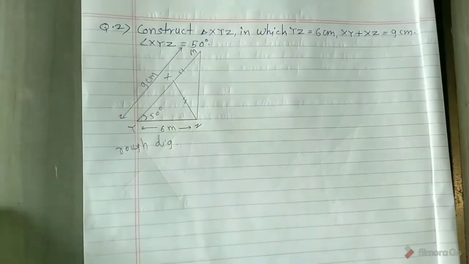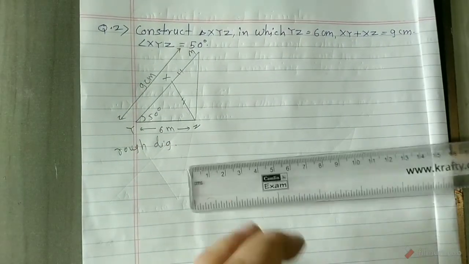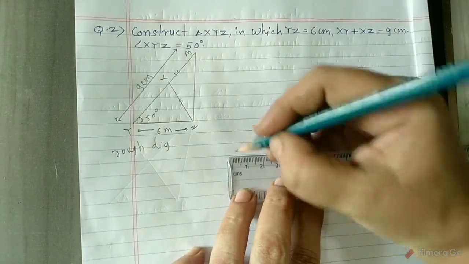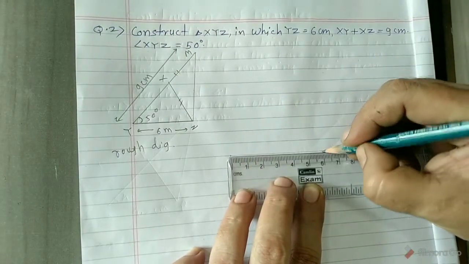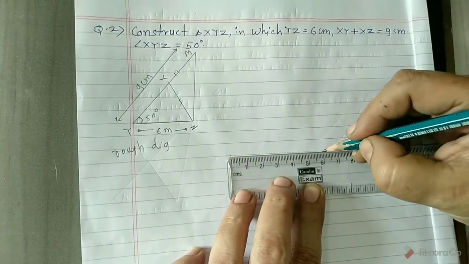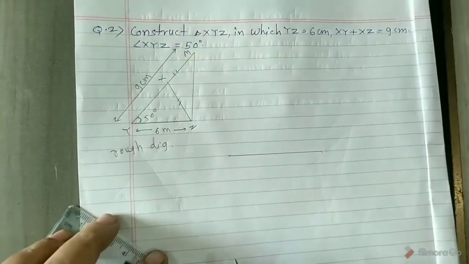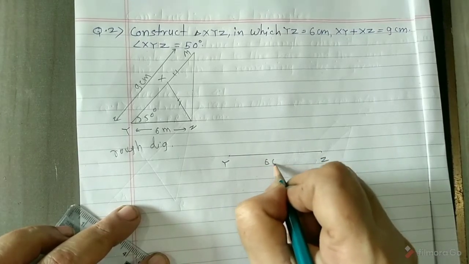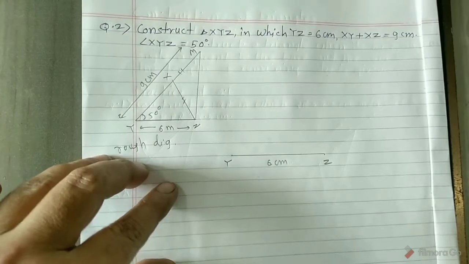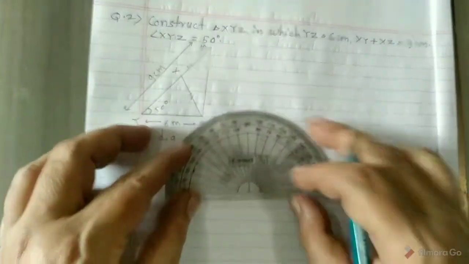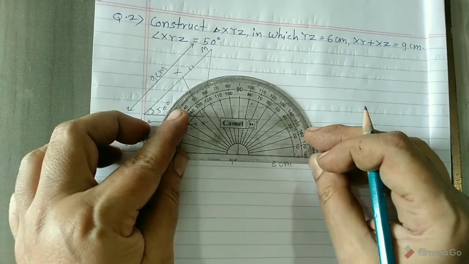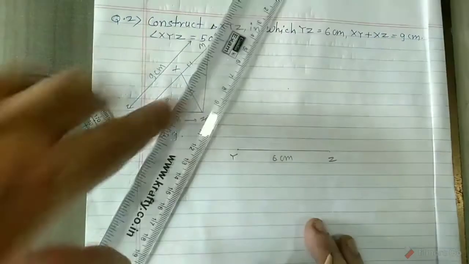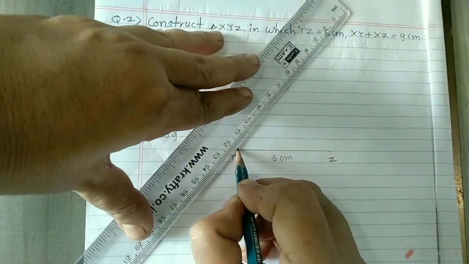Okay, so we will start the construction. Here first we take the base, that is YZ, 6 cm. Then angle 50 degrees. So with the help of this protractor, we take a point here and take 50 degrees and mark it. Then draw a line.